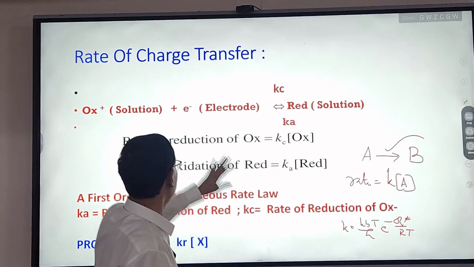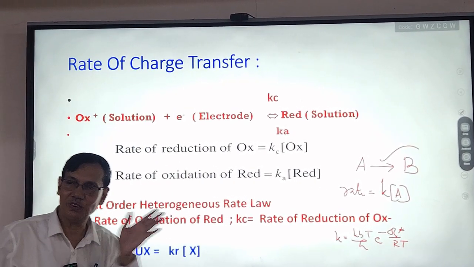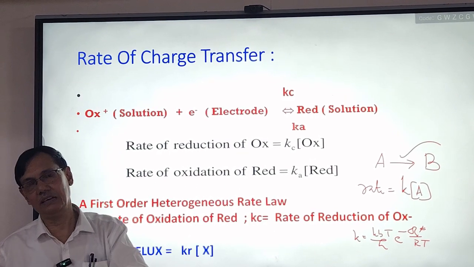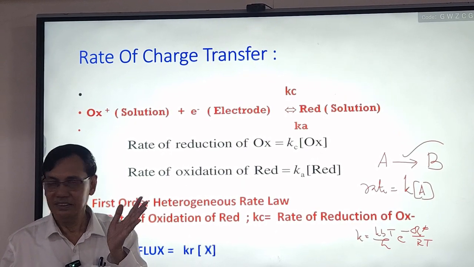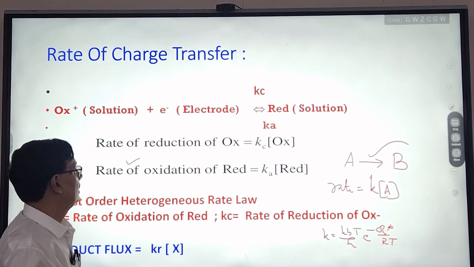Now in place of a simple rate constant, I am using oxidation and reduction. So one forward, one backward. एक कैथोडिक रिएक्शन, एक एनोडिक रिएक्शन. वही हुआ ना. अब मान लो, what is the rate of oxidation or reduction?